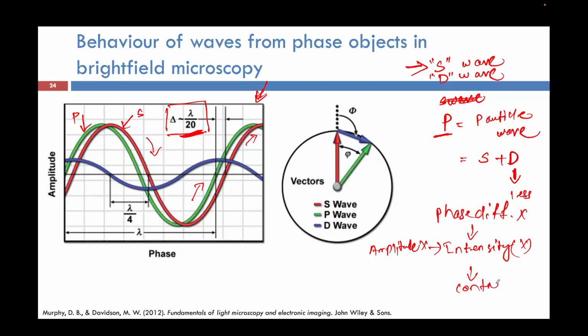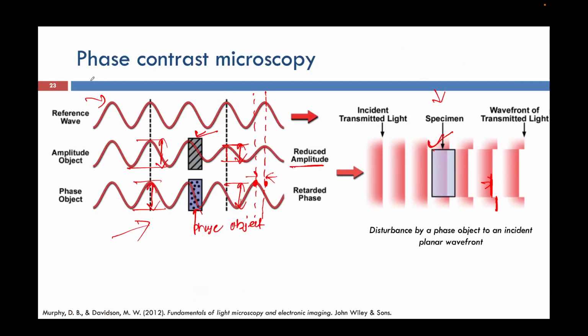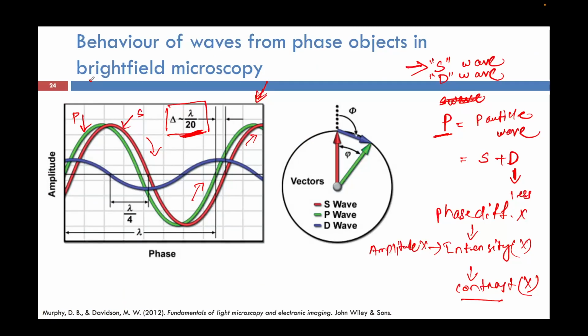That means eventually my contrast will also not be that great, so I will not get all the information from a bright field microscopy if I have to see some of the features, right? In phase contrast microscopy, if I am keeping a phase object, I will not get enough information from a bright field microscopy. And the same thing which I have told you in an XY coordinate, like Y being amplitude, X being the phase, the same thing has been given in a polar coordinate.